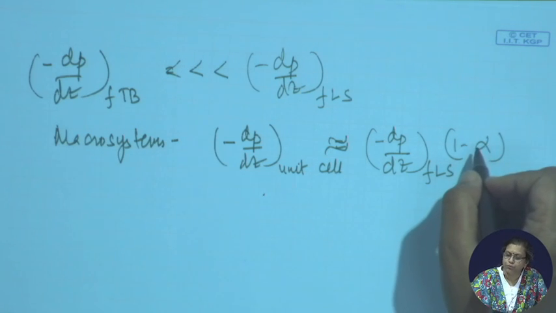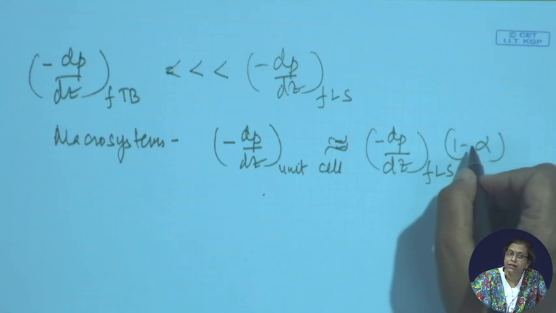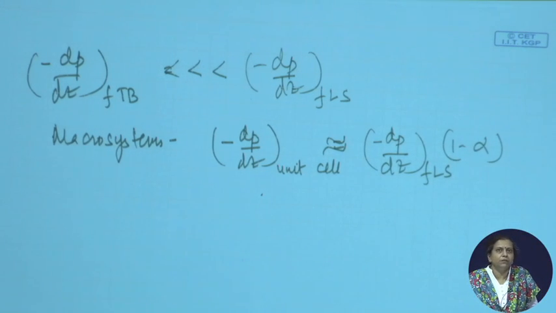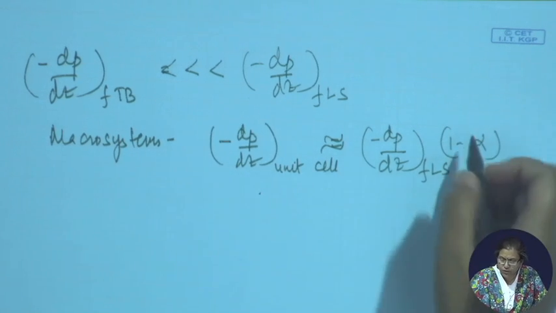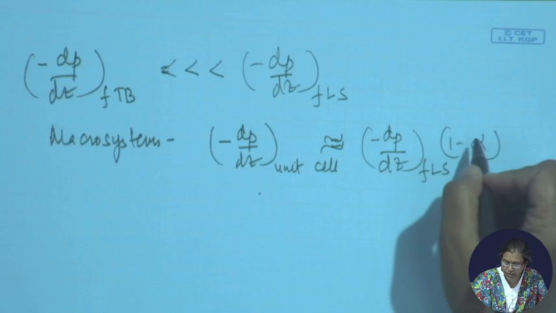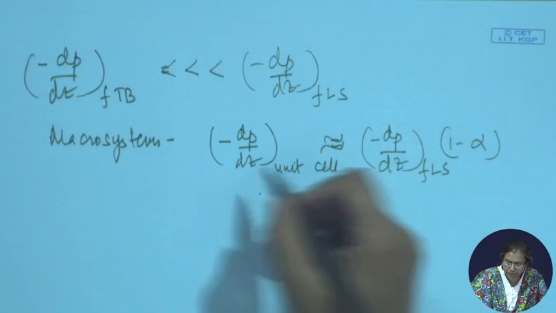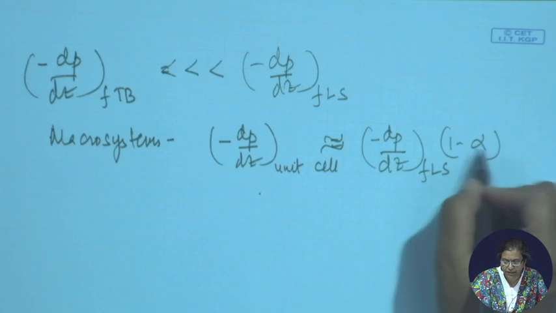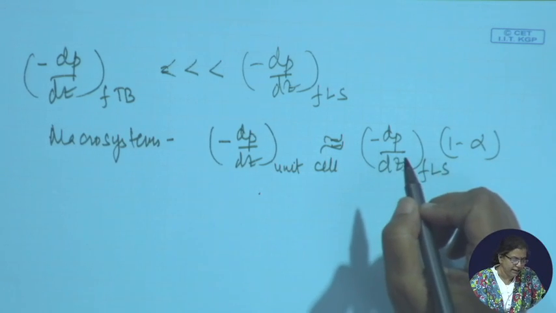Also we neglect the liquid in the film as we assume it to be negligible as compared to the liquid in the slug. So, we assume that the entire 1 minus alpha portion of the liquid flows as slug, and accordingly the pressure gradient of the unit cell is approximated as 1 minus alpha times minus dP dz FLS.